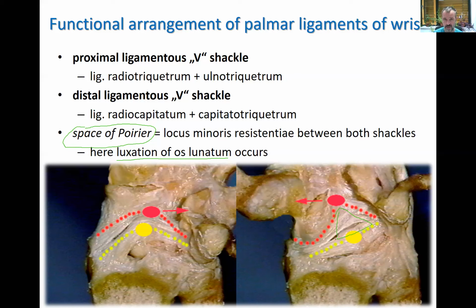So the smaller ligaments, whose names are listed here, radiotriquetrum, ulnotriquetrum, radiocapitatum, and capitotriquetrum, in between these we find the space of Poirier, which has a weakened wall, and the lunate can luxate in this direction. So this is a ventral luxation.